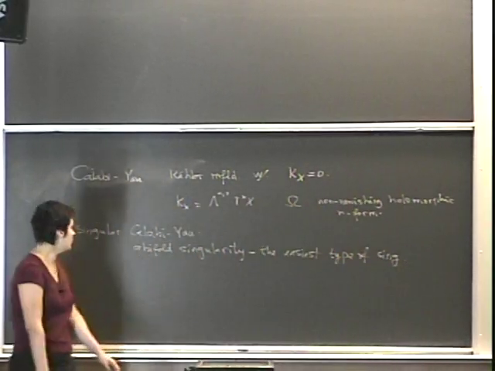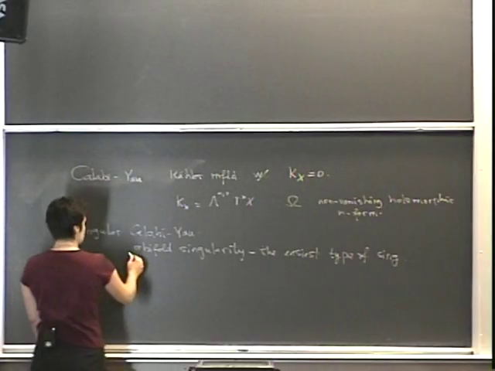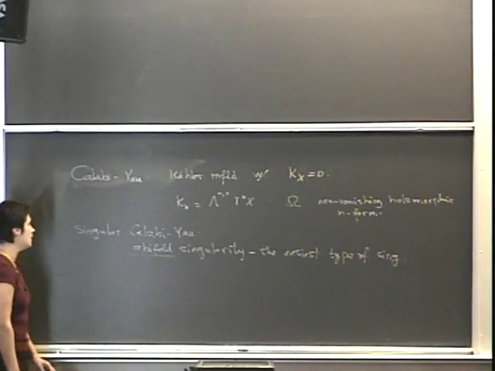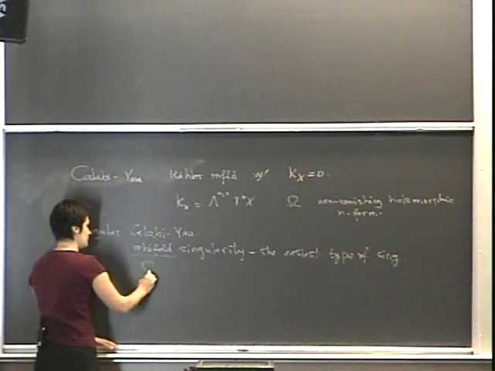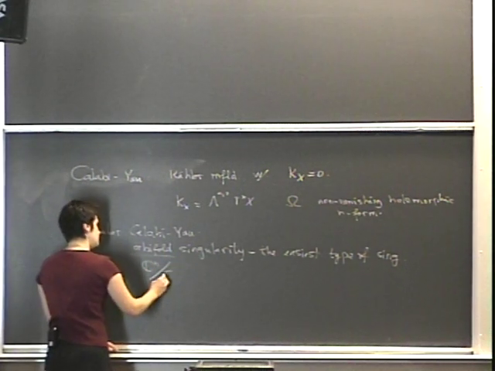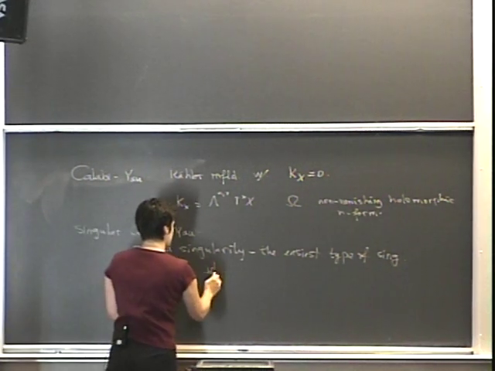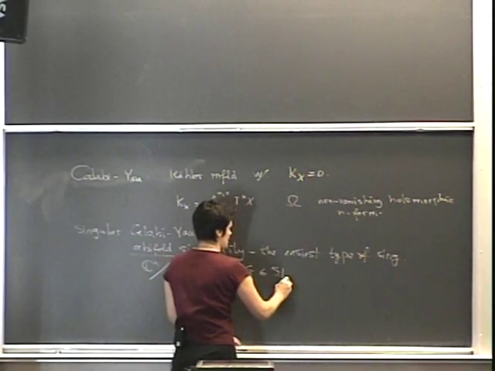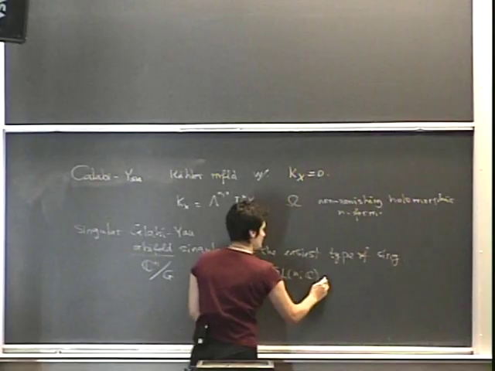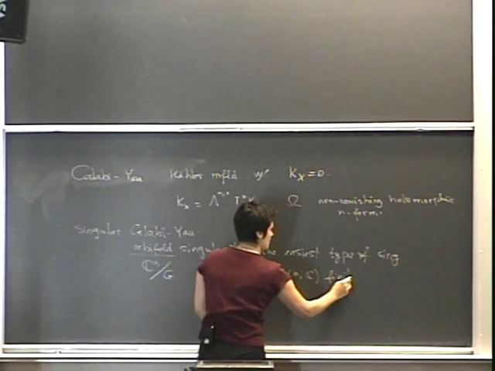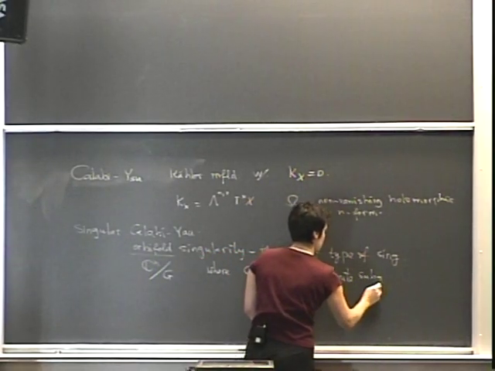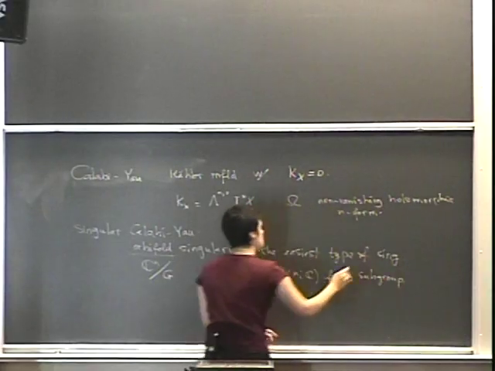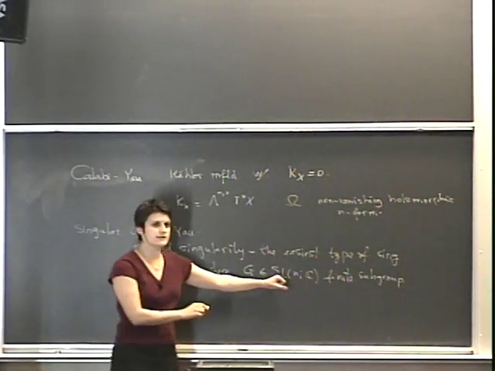Now, how do you think about an orbifold singularity? Locally, this is modeled on C^n mod G, where G is a finite subgroup of SL(n, C). So why this condition?